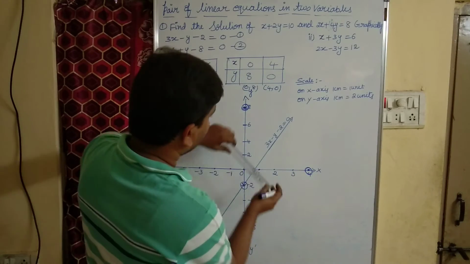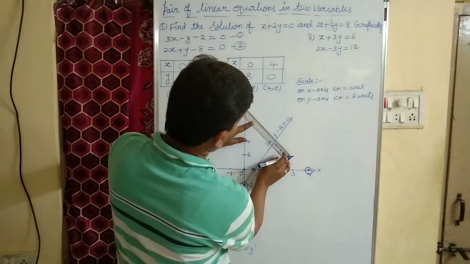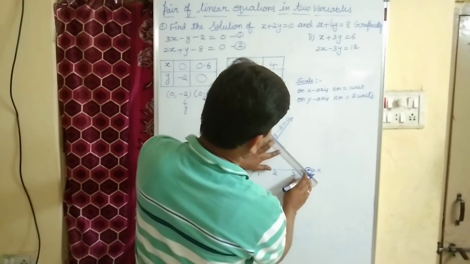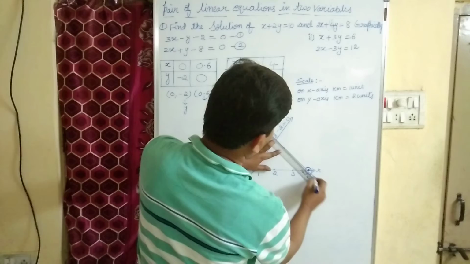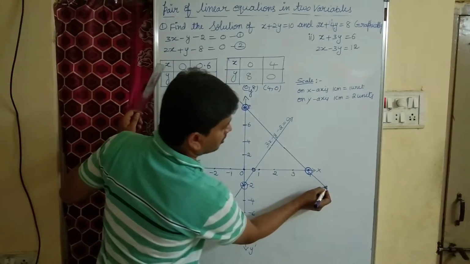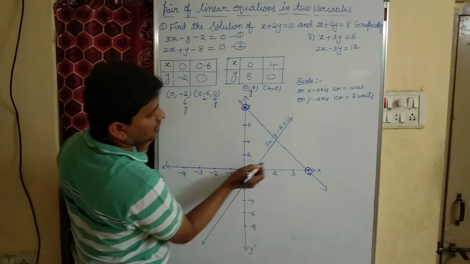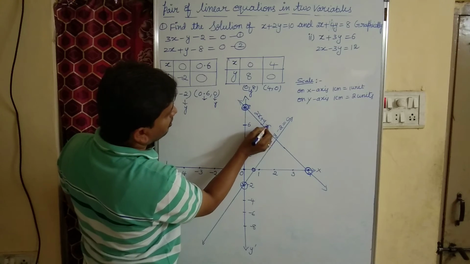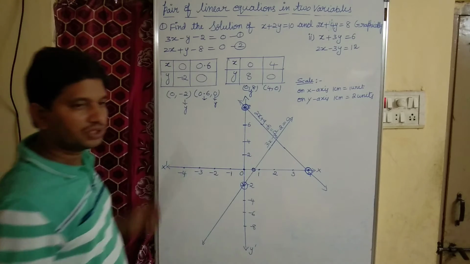Right? Let us join these points. This is our second line, which represents 2x plus y minus 8 equal to 0.